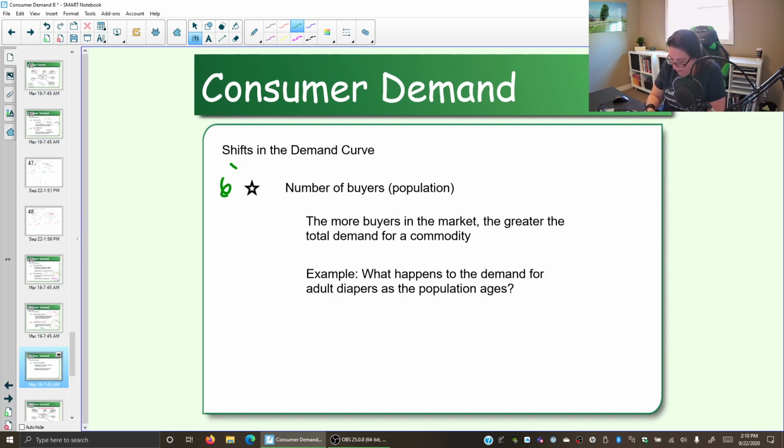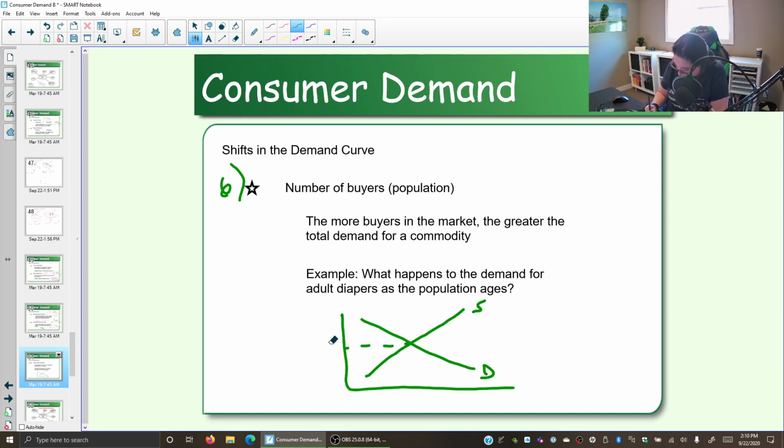All right, one more shift in demand, which is the number of buyers or a change in the population. So when we look at supply and demand, here's demand, here's supply, here's price, here's quantity. That quantity sold is based on the amount of people who are willing and able to buy.